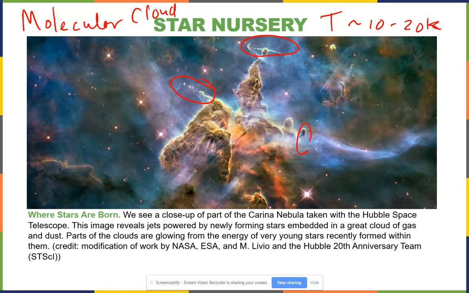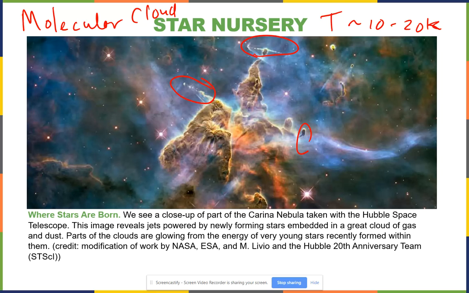Our textbook compares it to cirrus clouds. Would it be about the same density as the cirrus cloud that we have in our sky? It doesn't look like it, but it's way less dense.